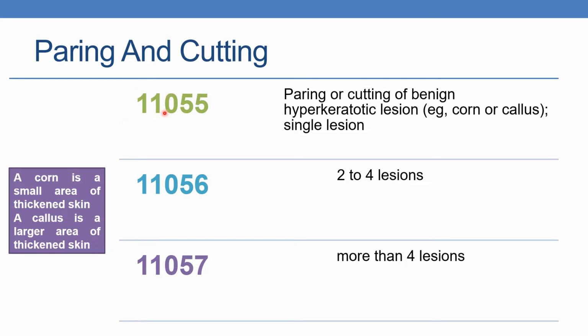So the CPT description of 11055 is paring or cutting of benign hyperkeratotic lesion, for example corns and callus, single lesion. The next is 11056, two to four lesions. The next is 11057, more than four lesions.